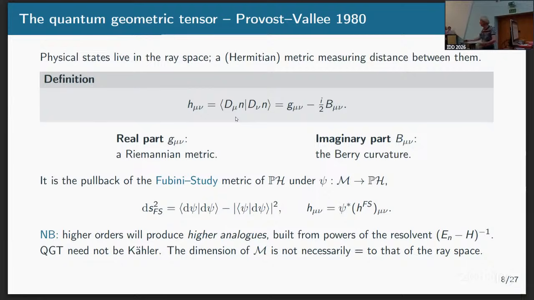It would be Kähler if I had the same dimension of the Hilbert space of states and the parameter space of nuclei, but this I never assume, so it will not be Kähler. So this is the structure that's canonically there, it's Kähler, but in our system, this pullback metric is not necessarily Kähler.